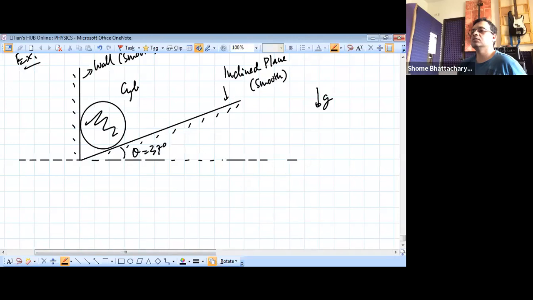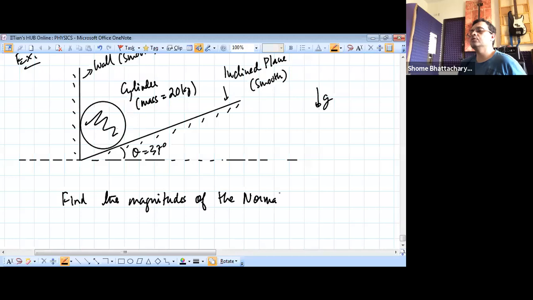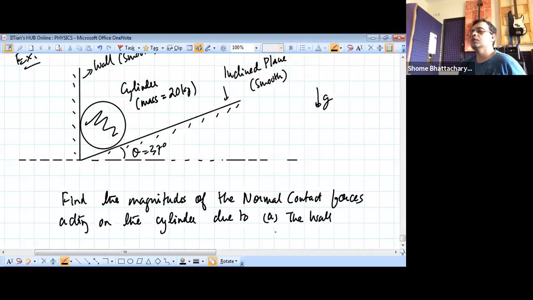I have this cylinder which has a mass of 20 kgs. So find the magnitudes of the normal contact forces acting on the cylinder due to the wall and due to the inclined surface.